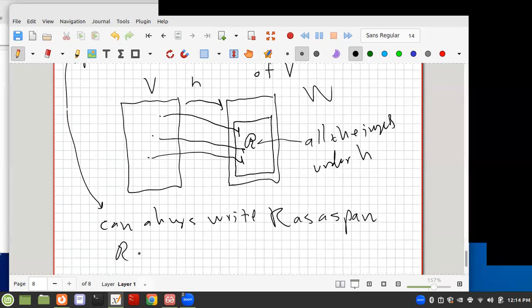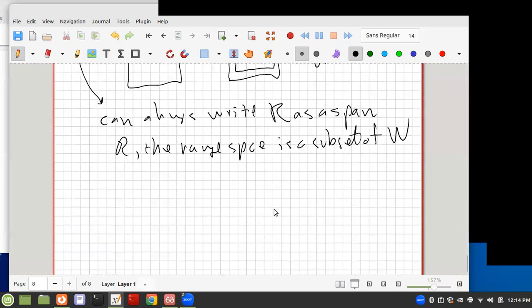So the range space is a subset of W, and because it's a span, it is a vector space. So the range space is a vector space.